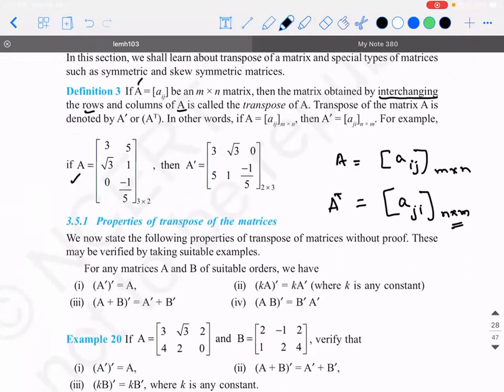Where do you use this transpose in the next chapter? Can someone tell me? Where do you use the concept of transpose in the next chapter? Finding the adjoint. That's right, Nicholas, to find the adjoint.